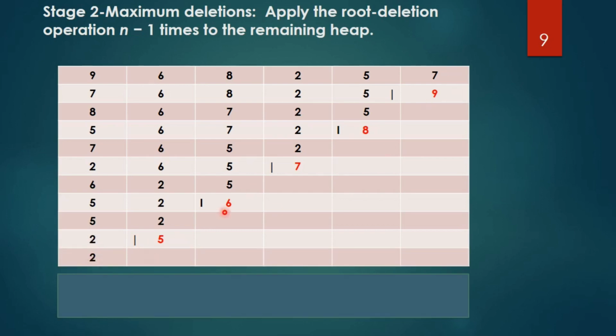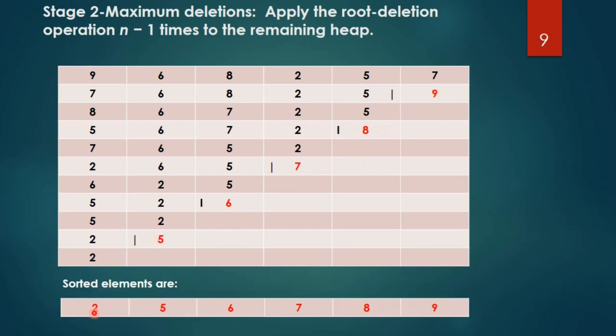And when you see the maximum deletion operations, the deletions will be done in the decreasing order, but as this takes 2 takes the first position, 5 takes the second position, 6 takes the third position, and so on, the placement is done in the increasing order. So we have the sorted elements 2, 5, 6, 7, 8, 9.